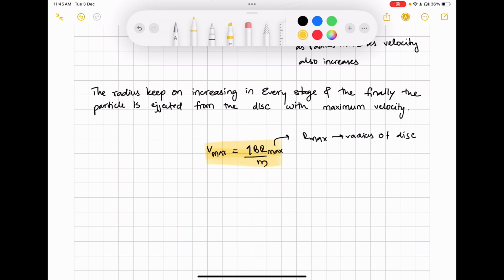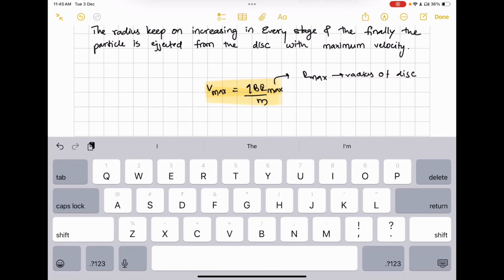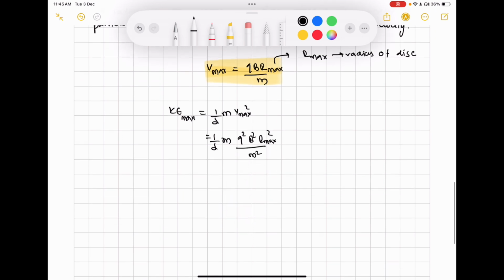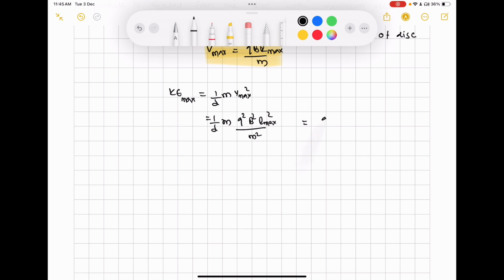The maximum kinetic energy will be half m v max square, that is equal to half m q square B square r max square divided by m square, which is equal to q square B square r max square divided by 2m.